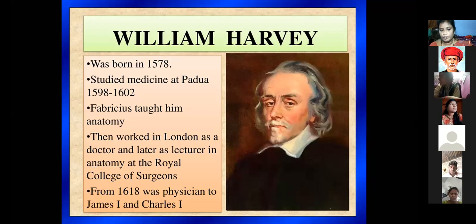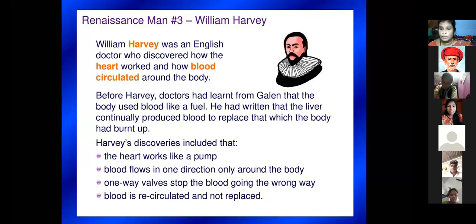Okay, ma'am. Next, another piece of information: William Harvey was an English doctor, an English physician also. William Harvey discovered how the heart works and how blood circulates around the body.